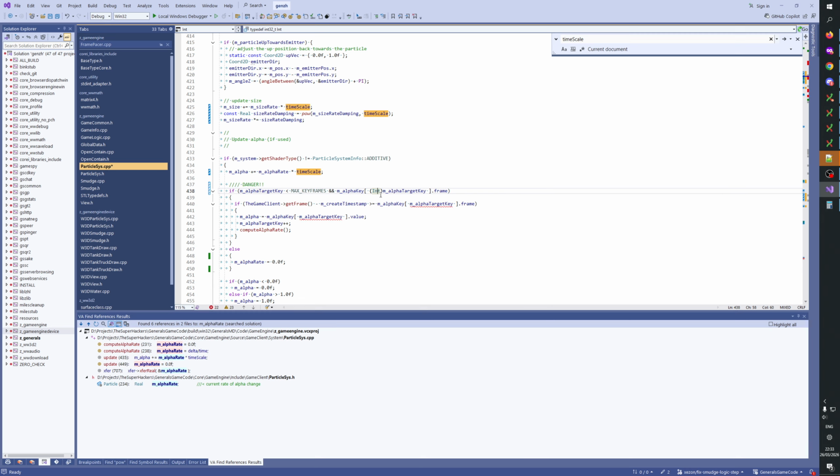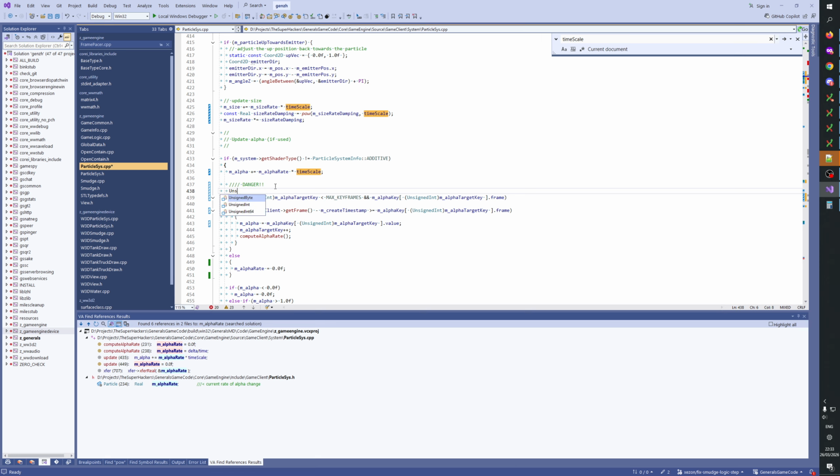Then here we cast it to integer, unsigned int, of a target index.